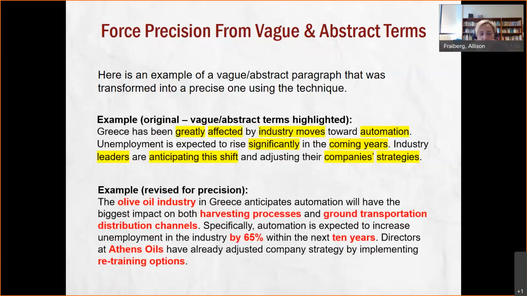Here, I revised it, and the specific terms, the details that I've added to answer those who, what, when, where, why, and how questions are now in red. The olive oil industry in Greece, so not just Greece, you're really focusing on something.